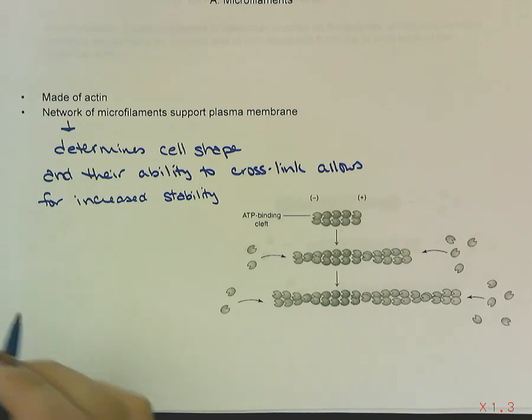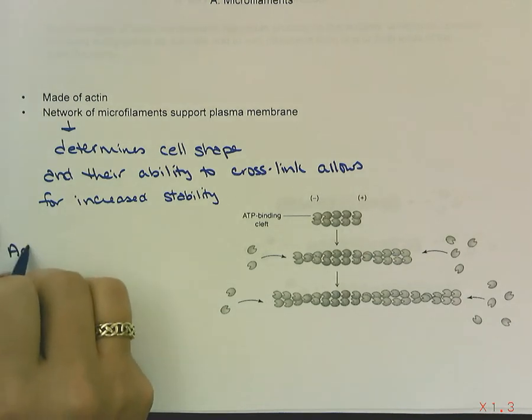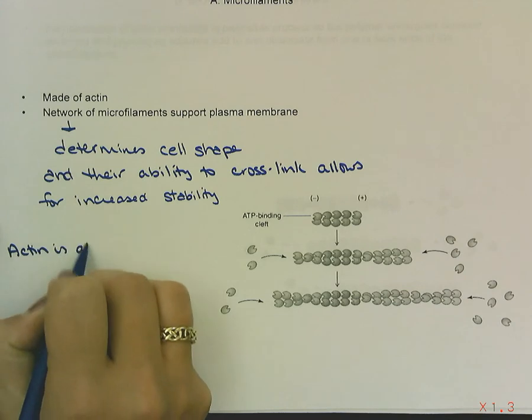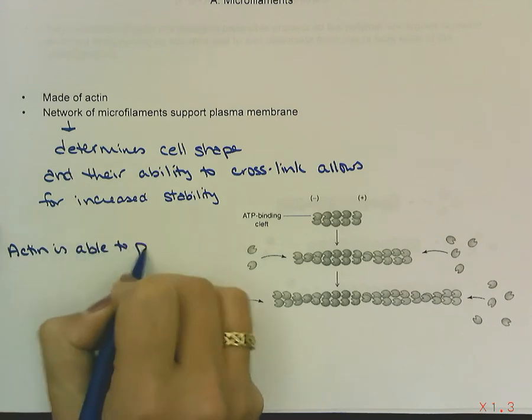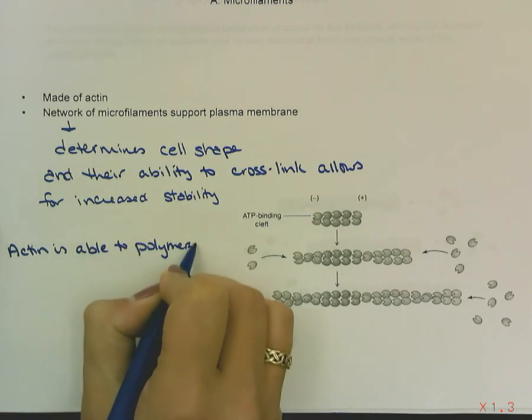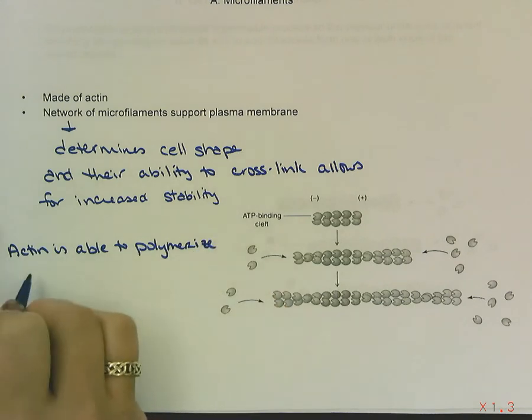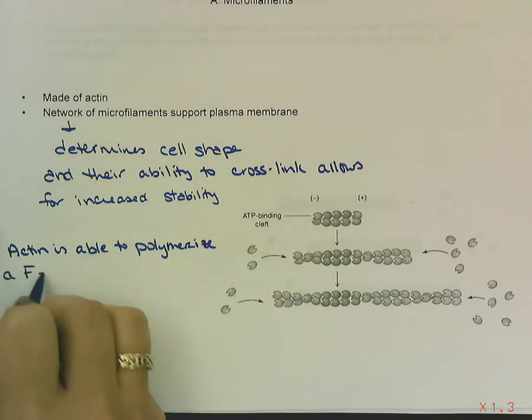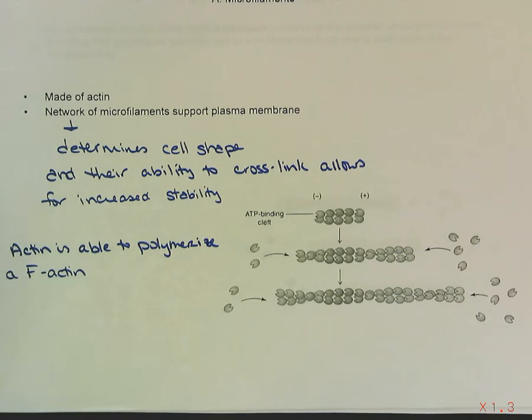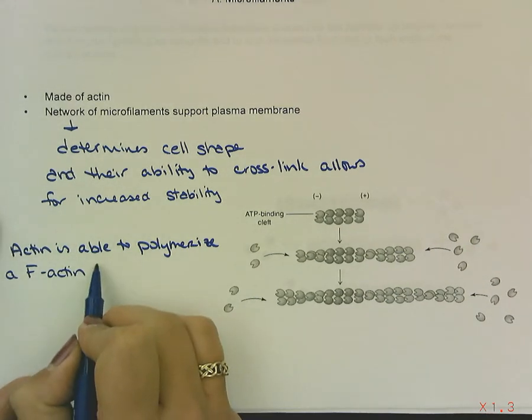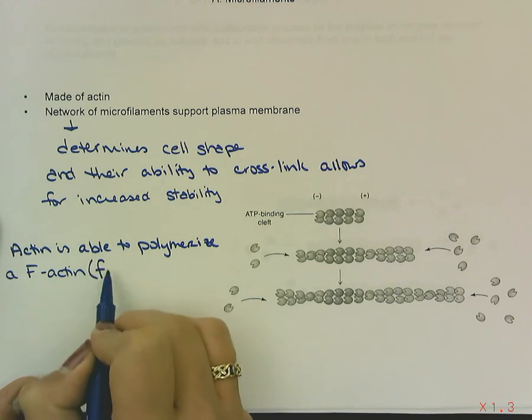Actin is able to polymerize. When it polymerizes, we then call it F-actin, where the F stands for filamentous.